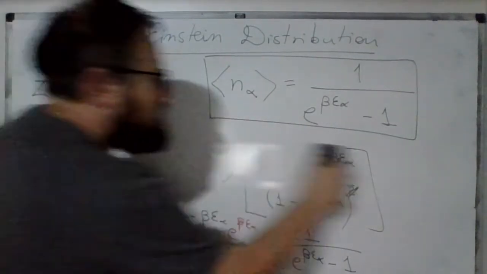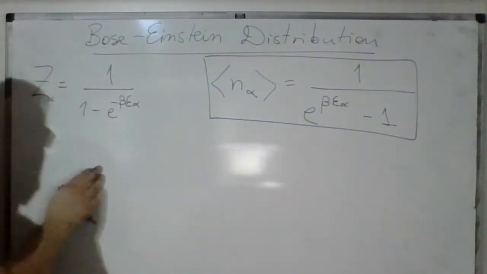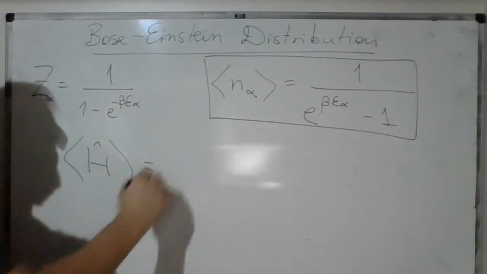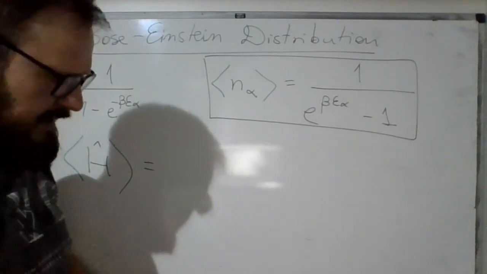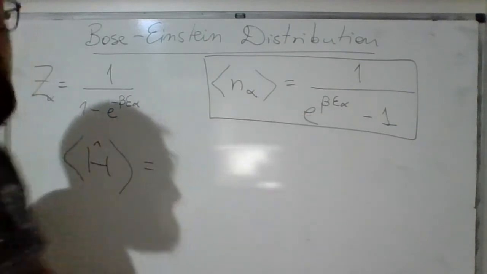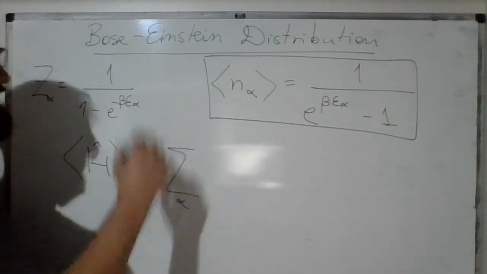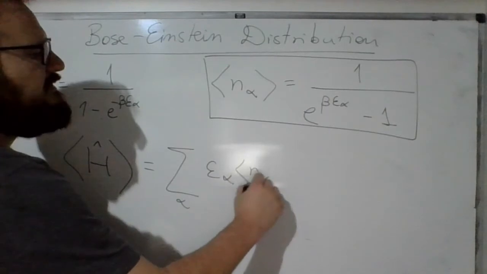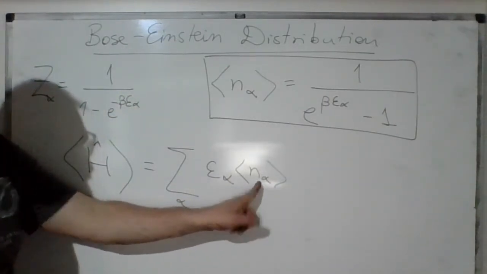If you are trying to calculate the average, the mean energy of a bosonic system, given the bosonic degrees of freedom and a set of quantum states labeled by these alphas here, you would have a summation over alphas, the energy of the state times the average of occupation number in that state.